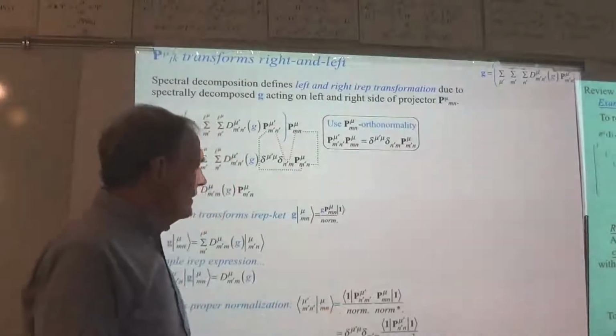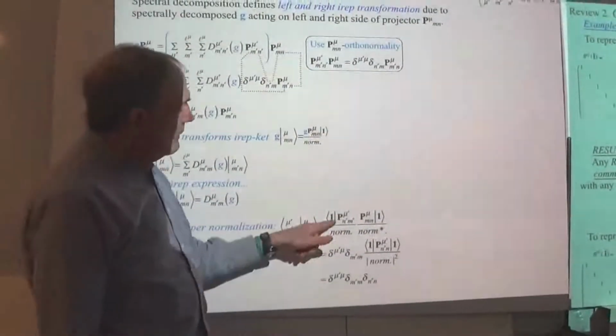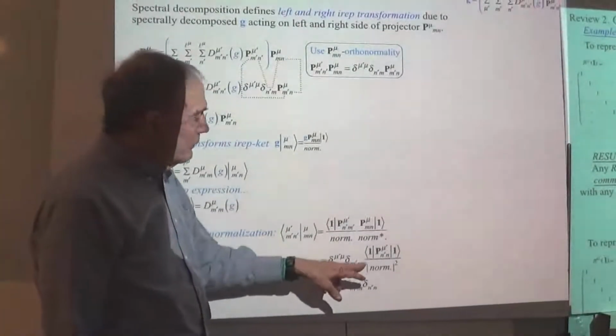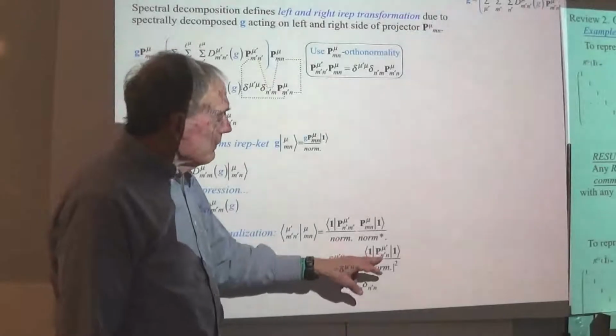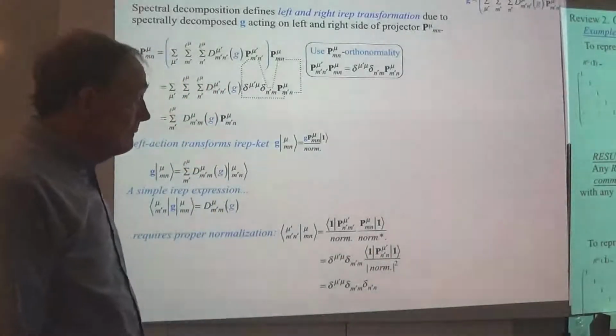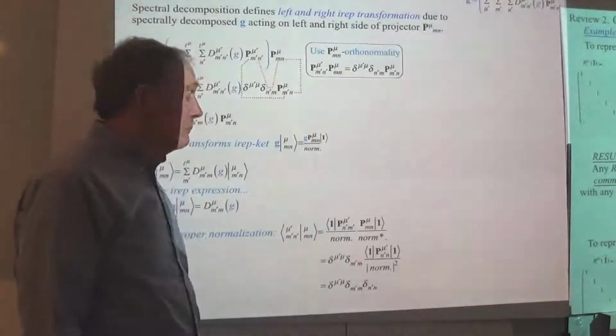So when you put this thing ket to bra, you get this thing right here, and it boils down to a projection operator that may be a nilpotent if the n primes are not equal. In other words, if n prime is not equal, like I said, goodbye.